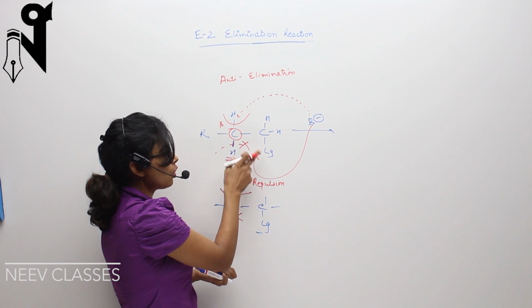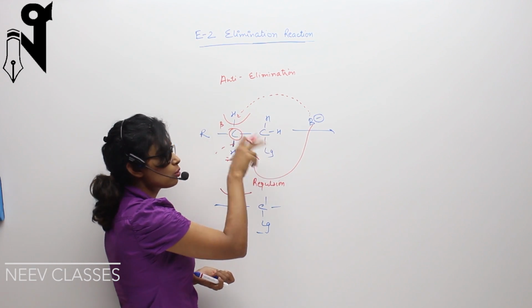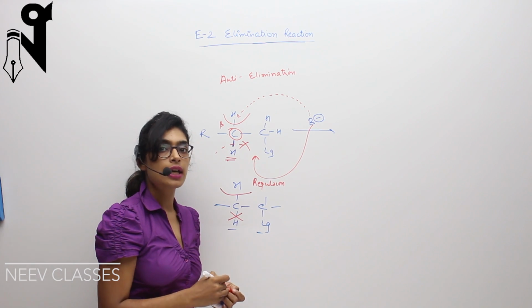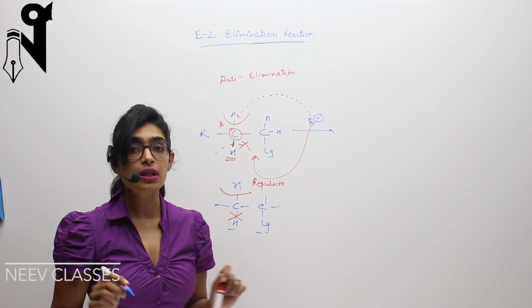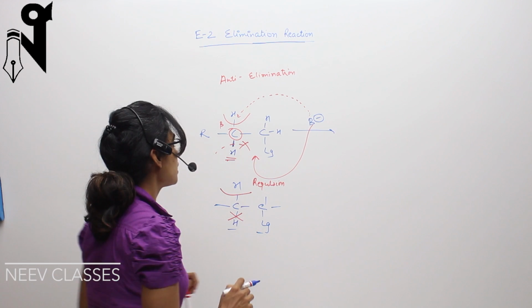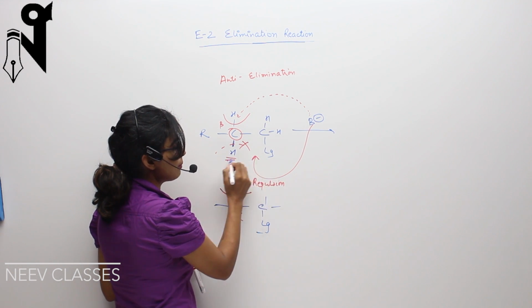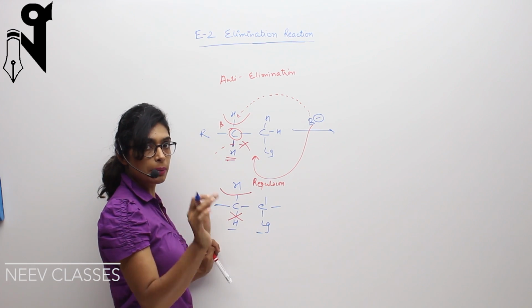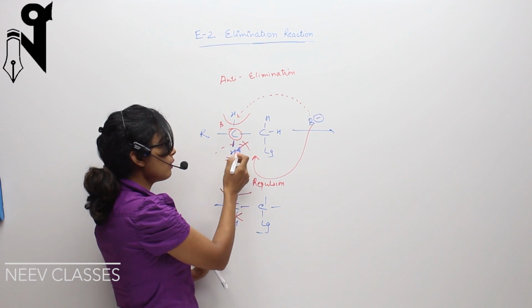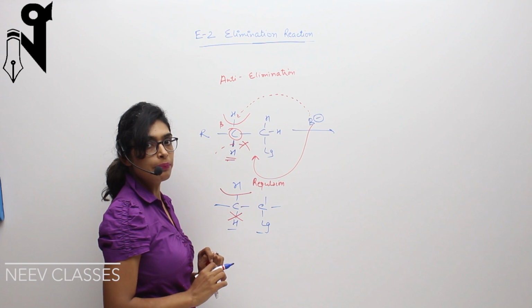This kind of removal of leaving group and hydrogen from opposite positions is called anti-elimination, and this is a must condition for the E2 reaction to happen. So the hydrogen which is in the same direction as the leaving group in a plane will not get removed, whereas the one in the opposite direction will get removed by the base.